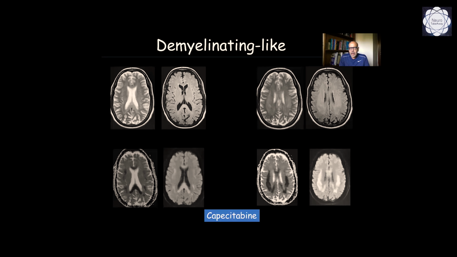Capecitabine is a prodrug of uracil, which is an antimetabolite, and this patient was a colleague of mine that had breast cancer, and she received capecitabine, and she presented with a confusional state, dysarthria, and on imaging you can see these pretty symmetrical lesions in the subcortical white matter and in the corpus callosum. They had restriction on diffusion, and they reversed after the withdrawal of the drug.